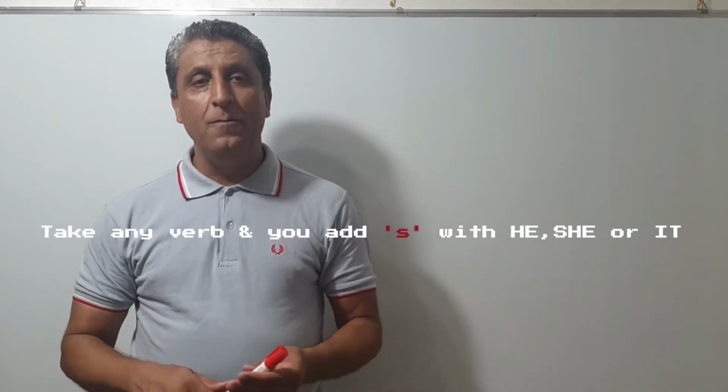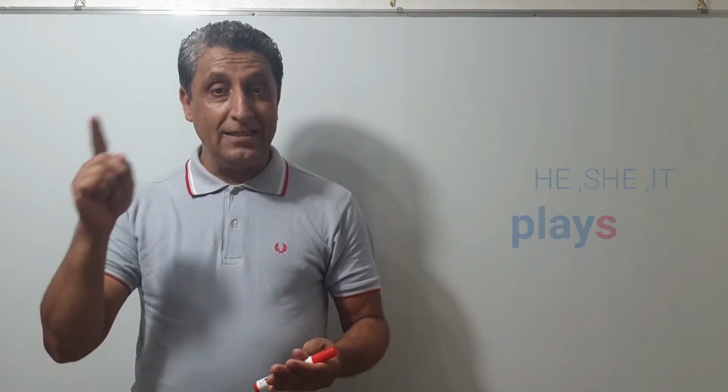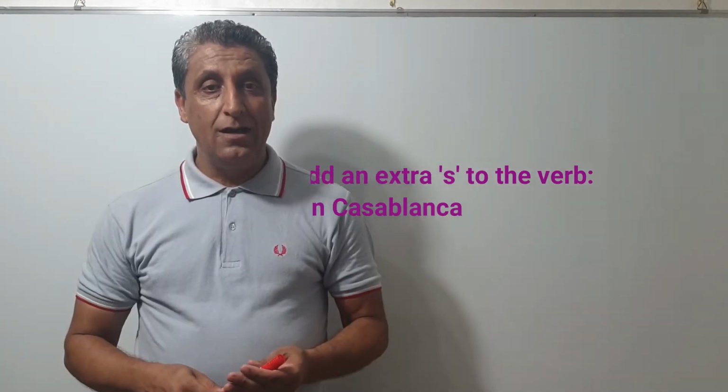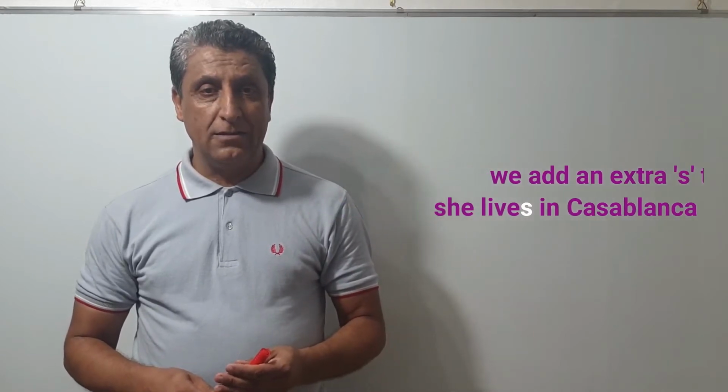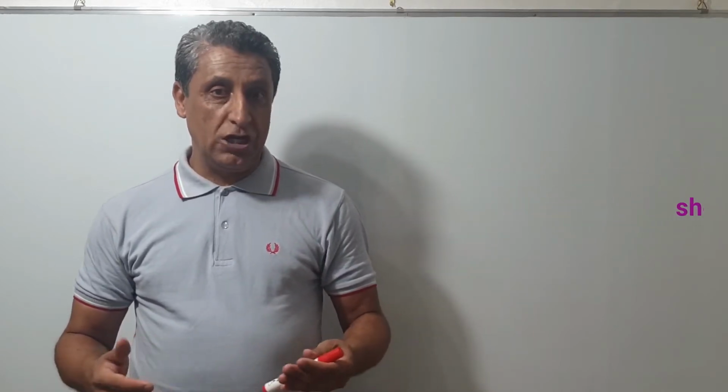And then you have the present simple of the verb. Example, the verb to play: he plays. We add an extra S. Another example, dance: he or she dances. We add an extra S.